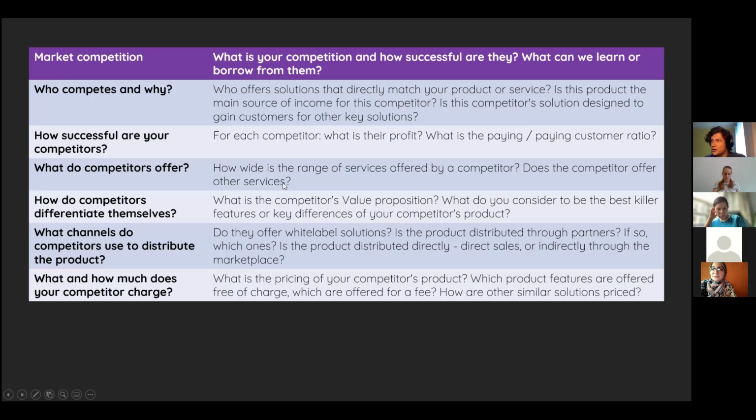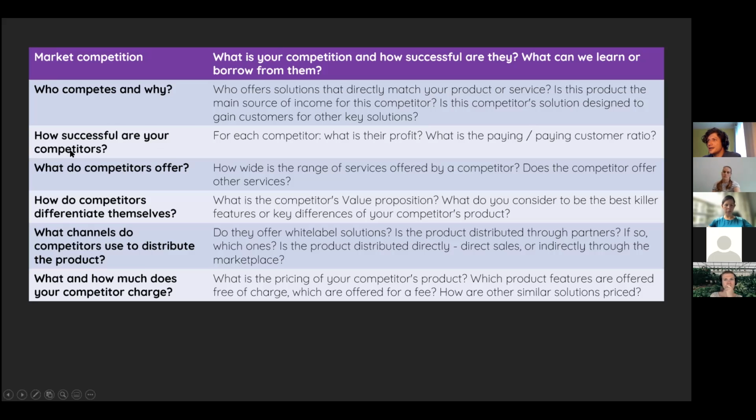Insurance is offered not only to the bank's customers, but also to customers who are not their direct banking customers. By providing this insurance, they're also asking you to start using their bank services as well. So if you are an insurance company, you should consider that there is a bank providing the same solution, but this is not their key product. They might be able to provide the service for an even cheaper price, or a different pricing level than what you would consider a normal value for it.